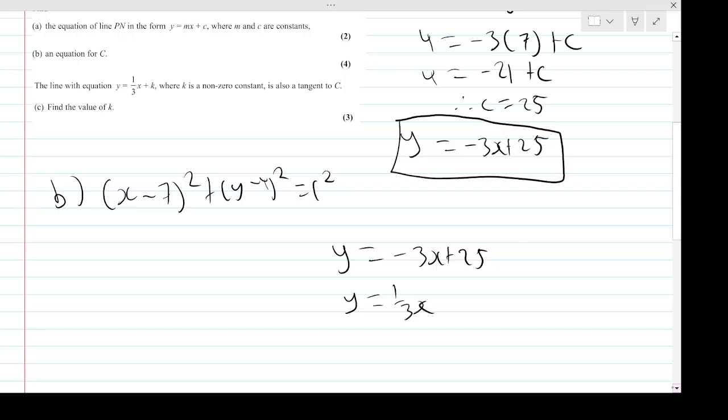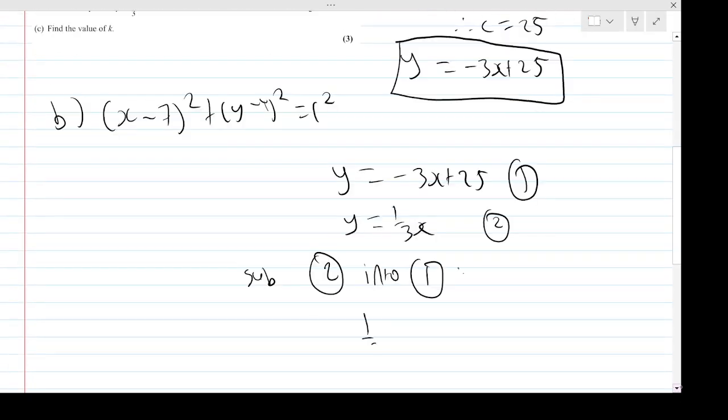If I call that equation 1 and equation 2, I can then equate them, because that's the radius and the tangent intersecting at the point. To find that point, I can equate them. Now I'm going to substitute the second equation into the first, so y, which is a third x, is minus 3x plus 25.